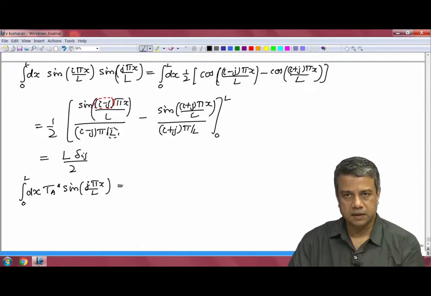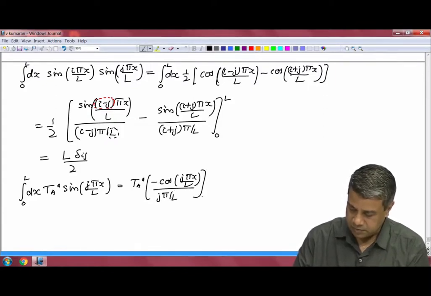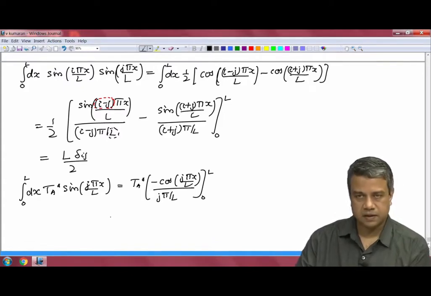Okay. This is going to be equal to Ta star into minus cos of j pi x by L divided by j pi by L, between 0 and L. Okay.